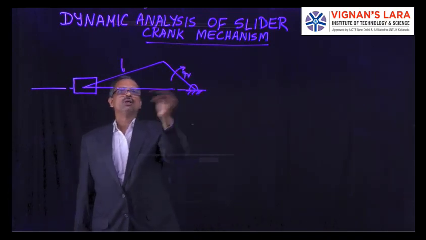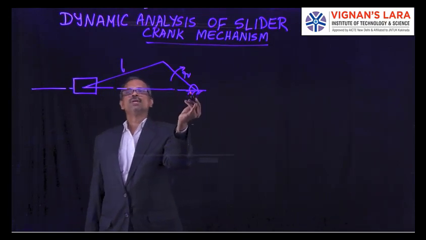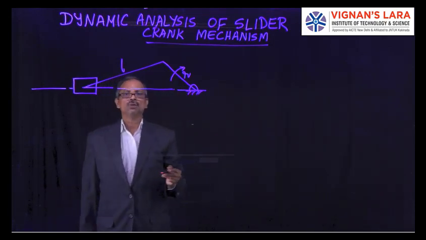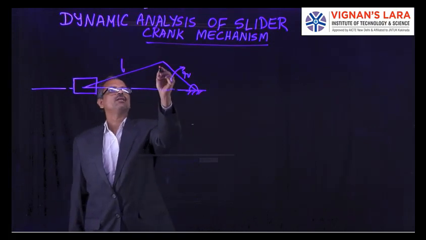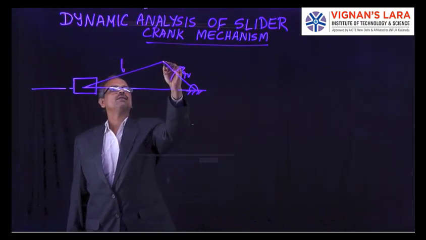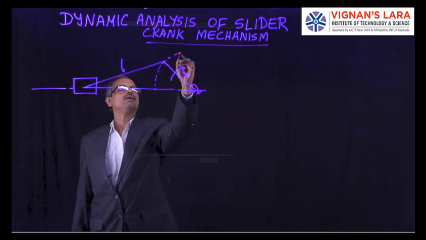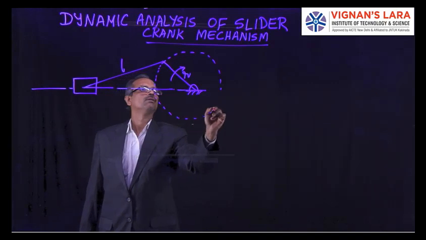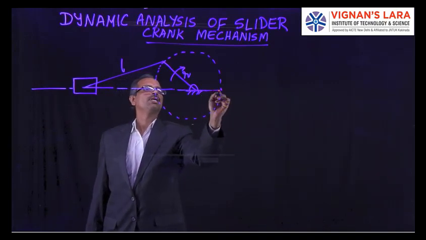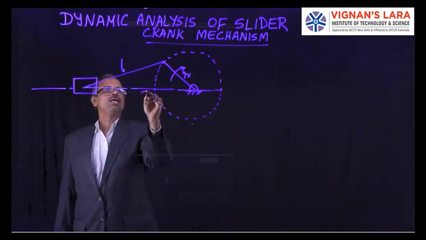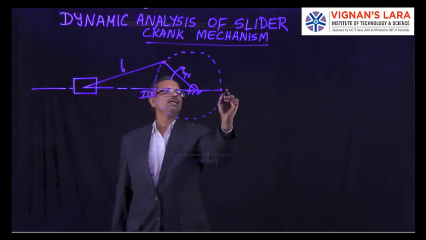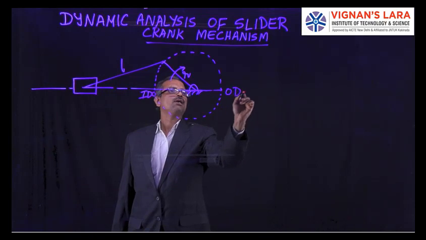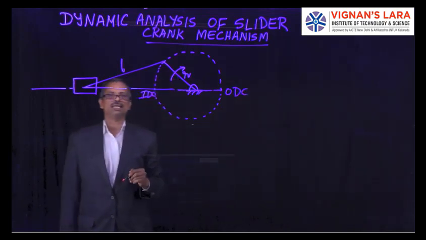So this moves from one end to the other end, so 2 extremities we can mark as inner dead center and outer dead center. So this is called IDC, inner dead center, and this is called ODC, outer dead center.